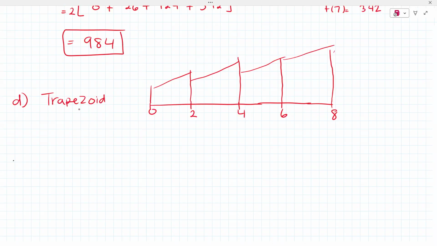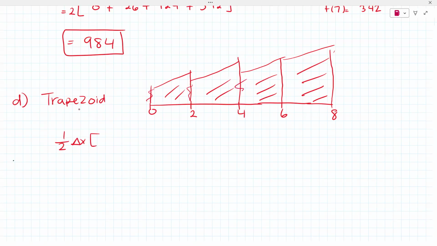Okay, so we're going to find the area of these trapezoids. So at height 2, it shares two areas. That means it was counted twice. So the area of a trapezoid is 1/2 delta x. And then remember, we have to find the two heights here and here, and then here and here, here and here.